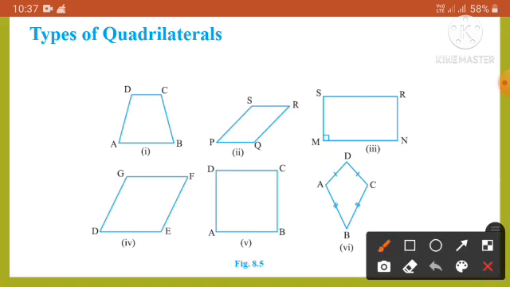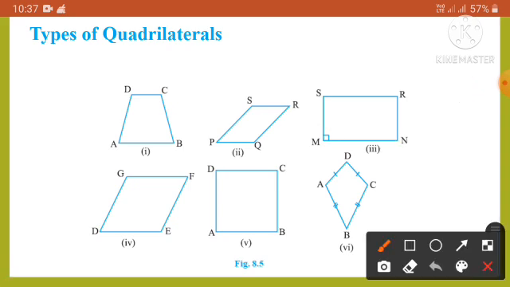In parallelogram MNRS, that is figure number 3, note that one of its angles, namely angle M, is a right angle. That means it is equal to 90. So we can call it a rectangle. Okay, got it?